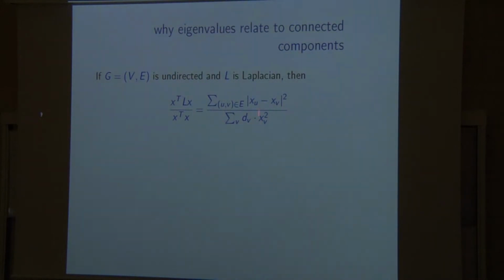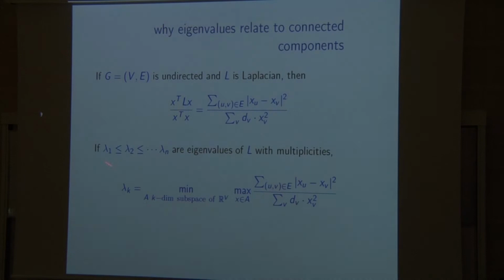So to make this quantity small, you have to find assignments of real numbers to vertices that don't change very much along edges. And if you've seen the other definition before, if x is Boolean, this ratio is the expansion of the set of which x is the indicator vector. So this already has a very concrete interpretation in terms of graph properties.